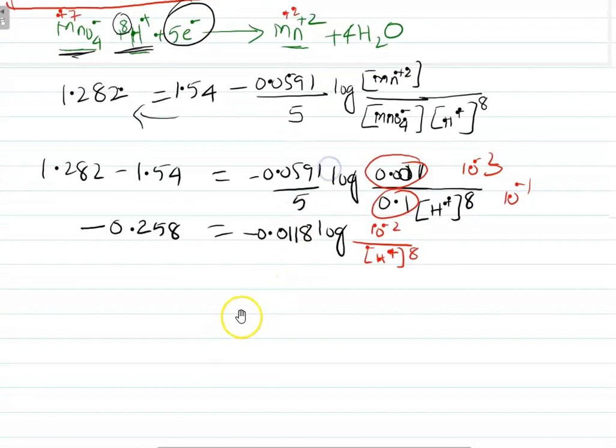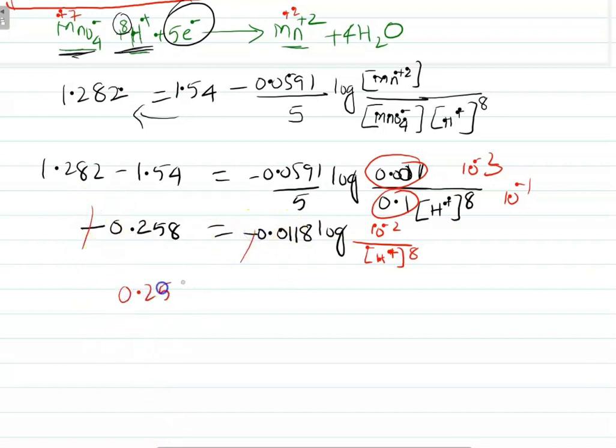So let's solve it. You send 0.0118 to the other side, so the negatives will get cancelled.